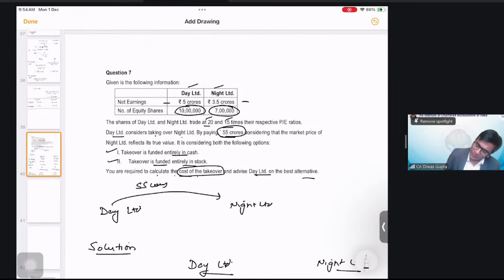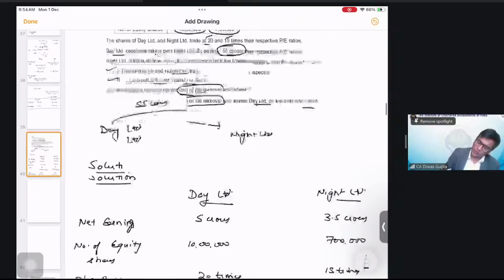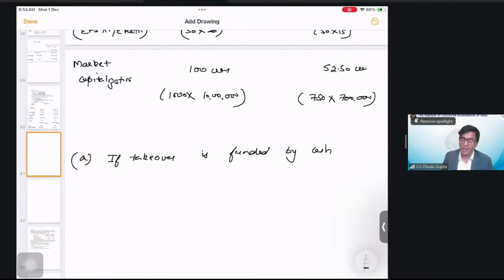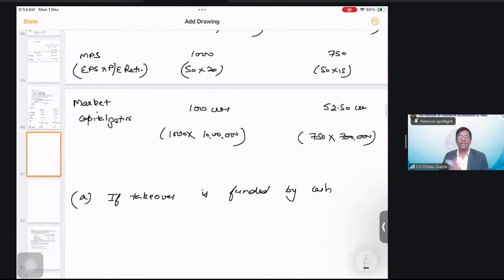They're planning to pay 55 crores of cash. Correct? Who is planning to pay? Day Limited. And what are they getting in return? A market cap of 52.50.